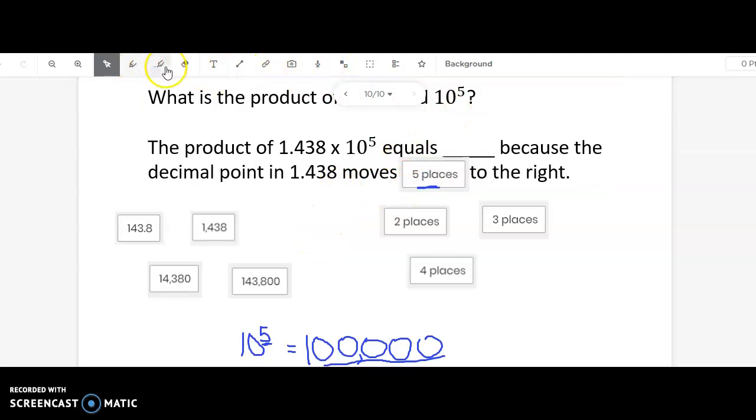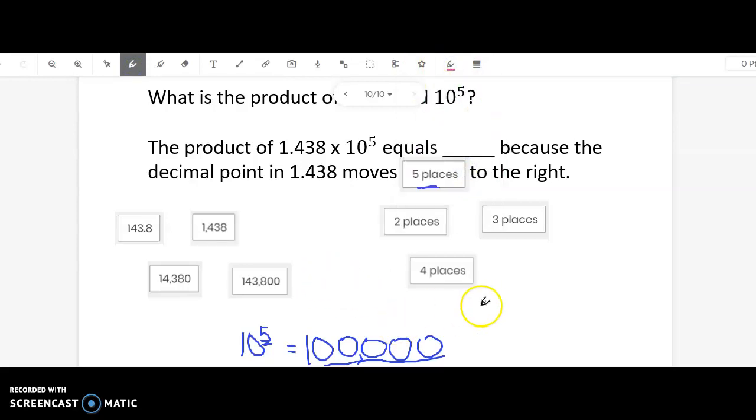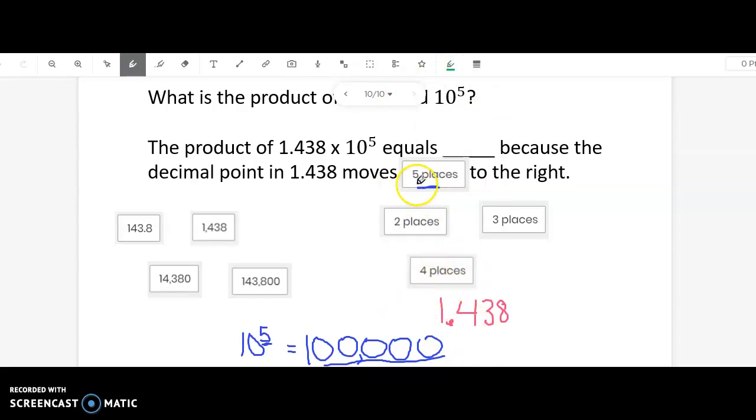So let me go back to my pen tool, and I'm going to grab a different color. Let's go with pink. Okay, and I'm going to now write my number 1 and 438 thousandths, and I'm going to move my decimal to the right 5 places, just like we discovered with 10 to the 5th power. 1, 2, 3, 4, 5.